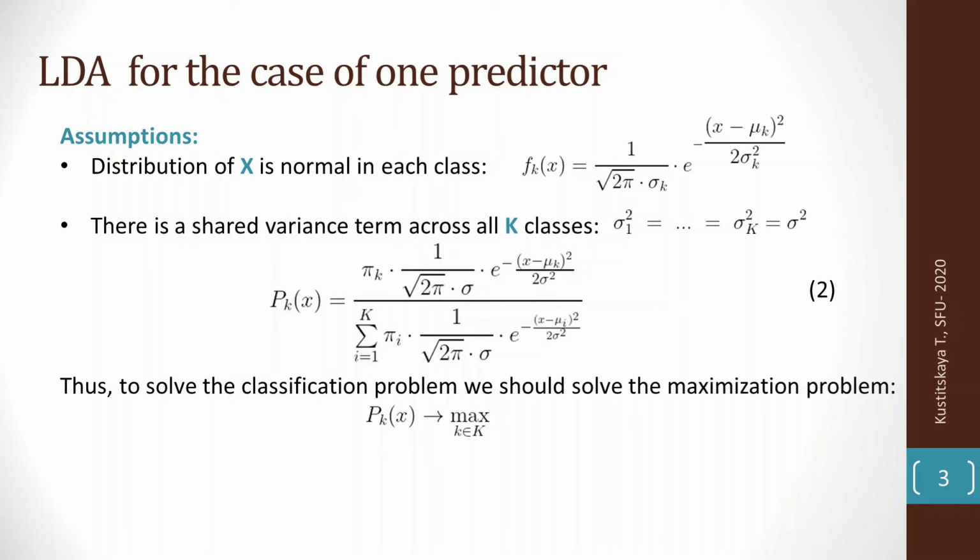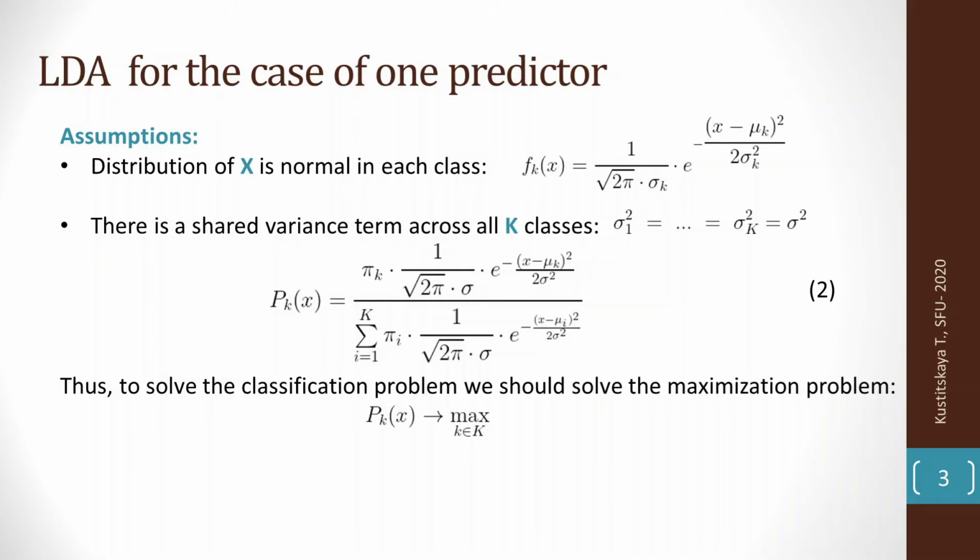For now, assume we have only one predictor. We would like to obtain an estimate for the density for the kth class that we can plug into the resulting formula from the previous slide in order to estimate the probability of belonging to the kth class. To estimate density functions, we will first make some assumptions about distributions in the kth classes.